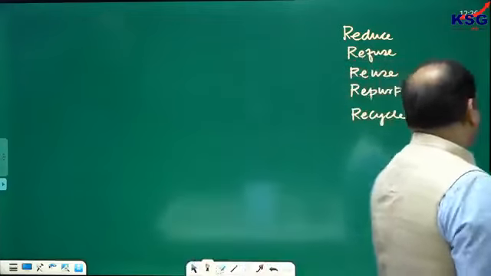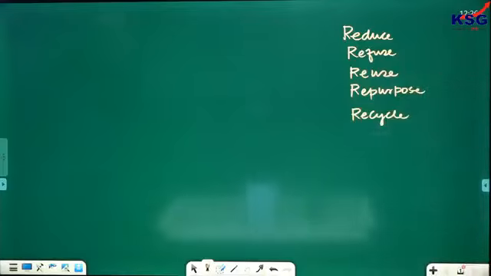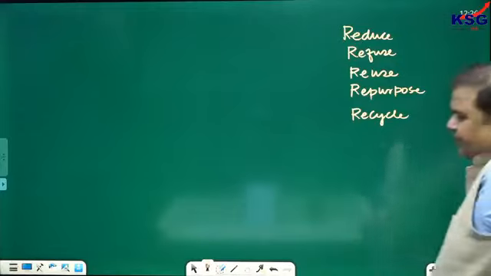Reduce, refuse, reuse, repurpose, and recycle. Clear?